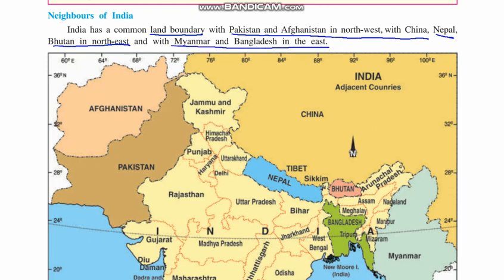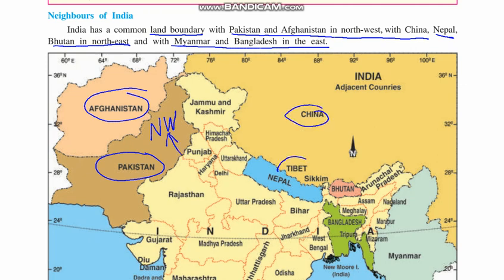Now you can see here Pakistan and Afghanistan in the northwest direction, China, Tibet, and Nepal in the northeast direction, while Myanmar and Bangladesh in the eastern direction. So India is surrounded by all these neighbors.